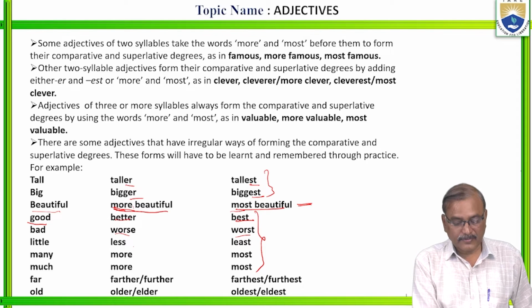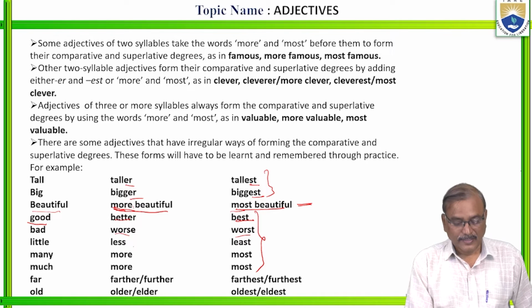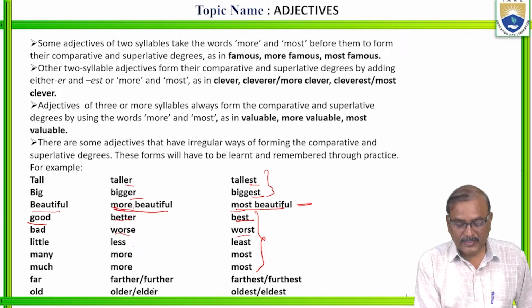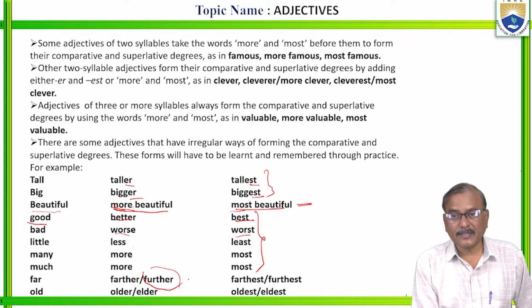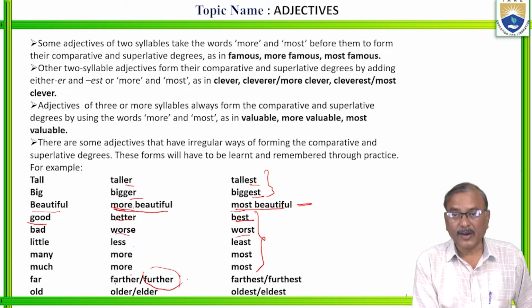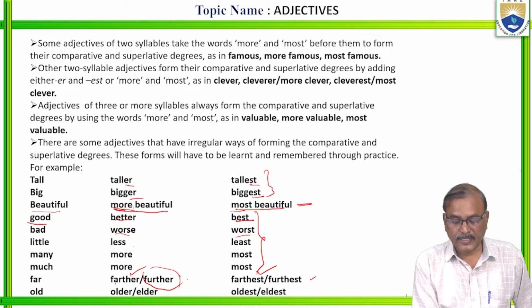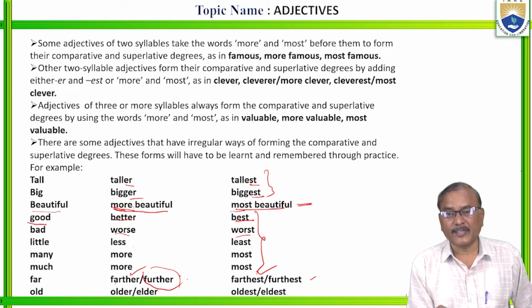And some will be confusing here. Far, farther, farthest. Don't get confused between this one and this one. Far, farther, farthest. And there is a change in the meaning between farther and further.